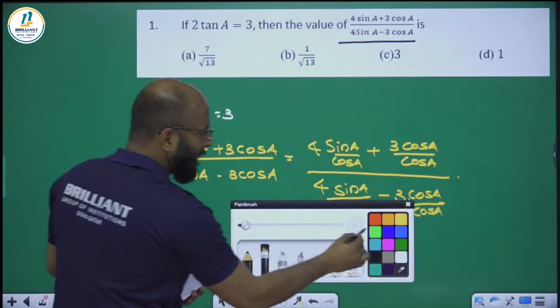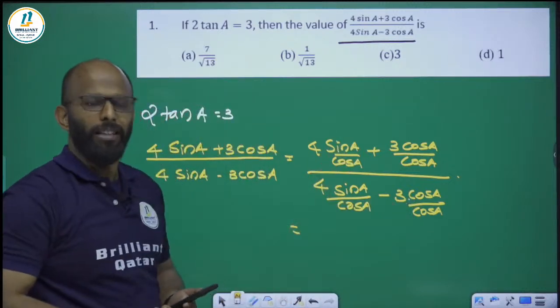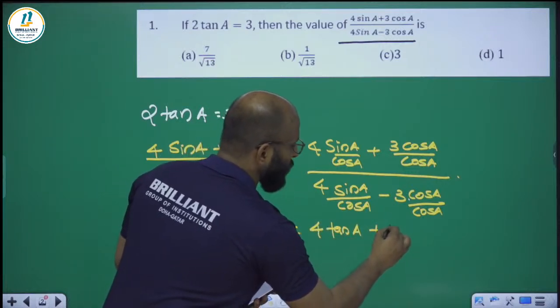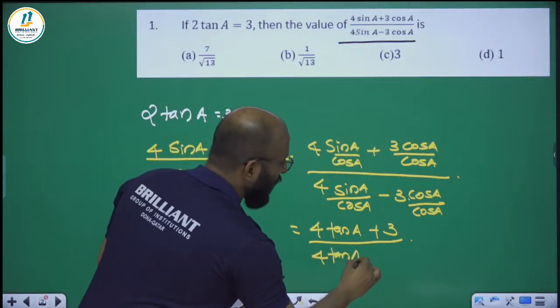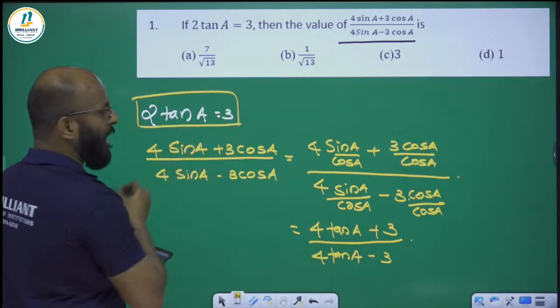Here sin A by cos A is tan A, so the expression is equal to (4 tan A plus 3) divided by (4 tan A minus 3). Now look at the given expression, 2 tan A is equal to 3.